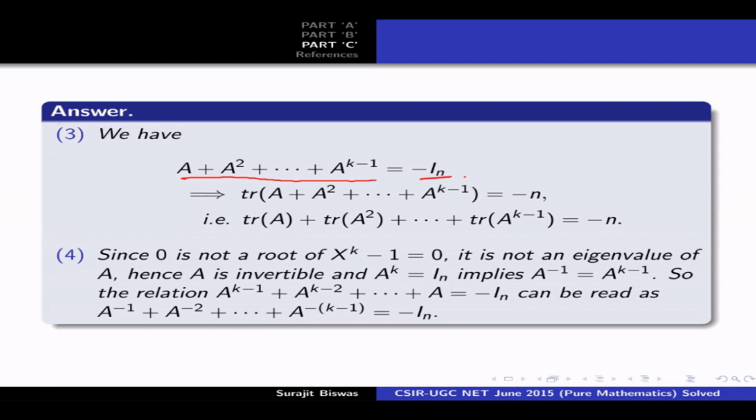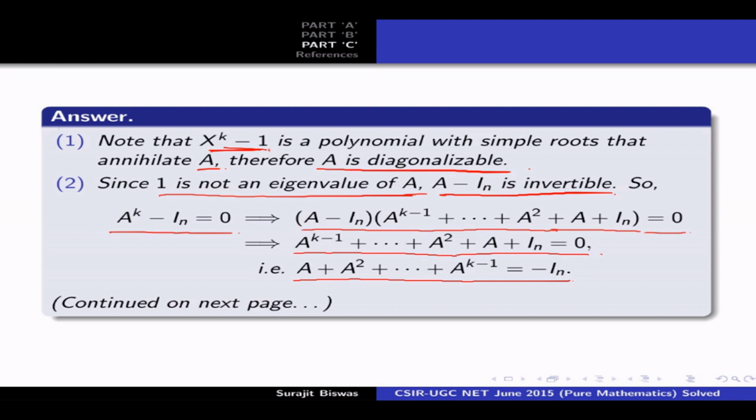Taking trace, trace of (A plus A square plus ... plus A to the power k minus 1) equal to minus trace of In, that is equal to n, so that is minus n. And now by linearity of trace, we'll have trace of A plus trace of A square plus ... plus trace of A to the power k minus 1 equal to minus n. So the third option is correct.